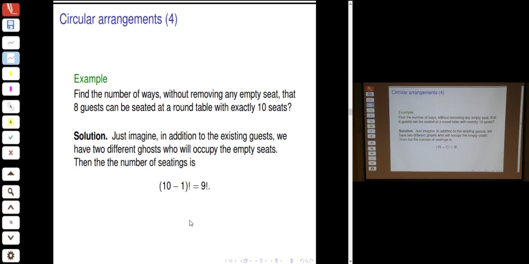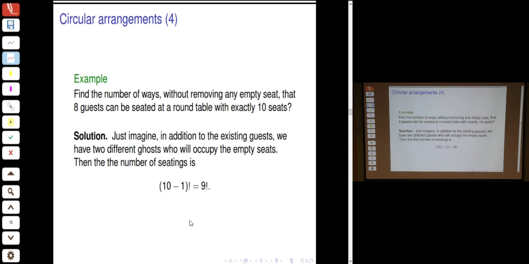Then we went on to consider the number of ways of seating 9 guests and 1 empty chair. So now we are going one step further. We now have 10 possible seats around a circular table, but there are only 8 guests. So there are 8 filled chairs and 2 vacant chairs.